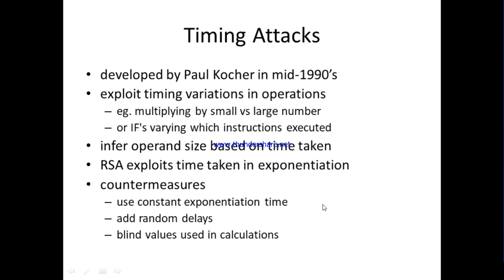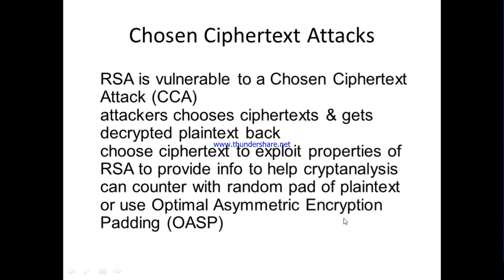So if I take small prime numbers, the computation should take the same amount of time as for large prime numbers. That is constant exponentiation time. Or else we use random delays, where you increase the delays. And you can use blind values in the calculations to overcome this timing problem. So these are the three countermeasures.